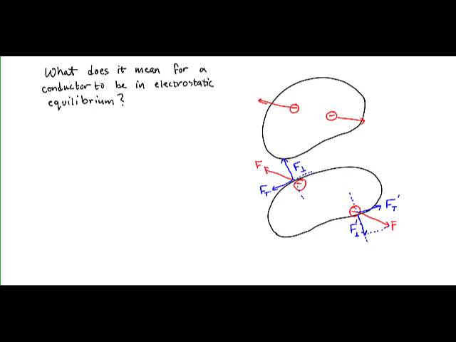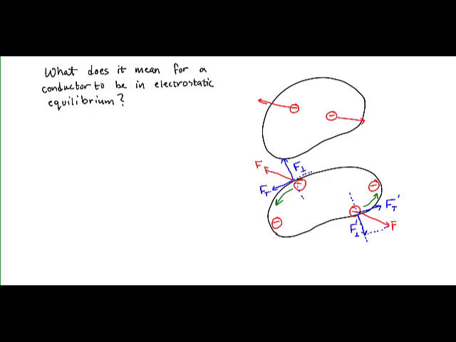So the top charge will accelerate counterclockwise on that surface, and let's say that top charge ends up right here. And the charge on the bottom will also accelerate until it reaches electrostatic equilibrium, and let's say that occurs right here.